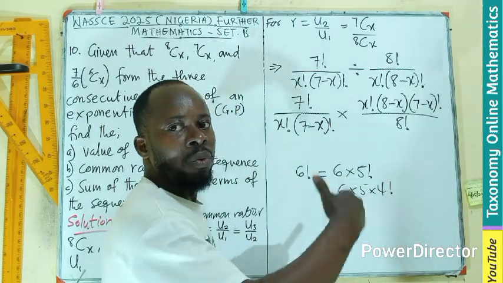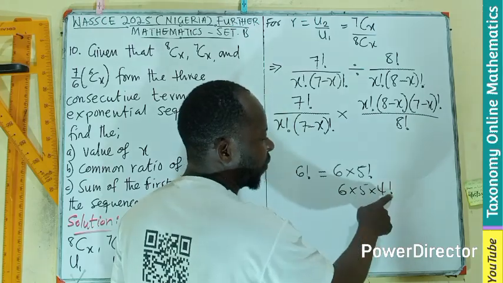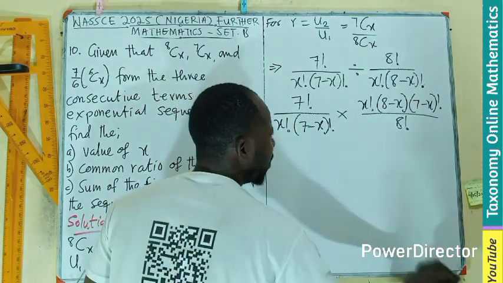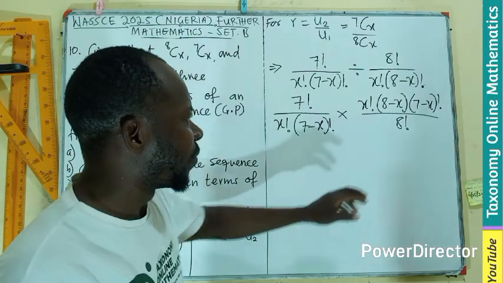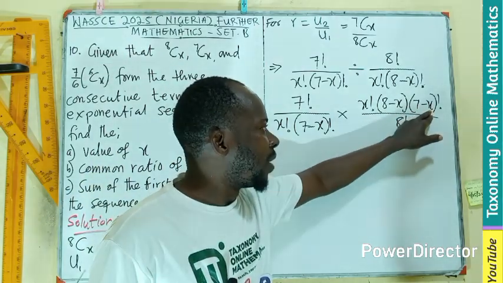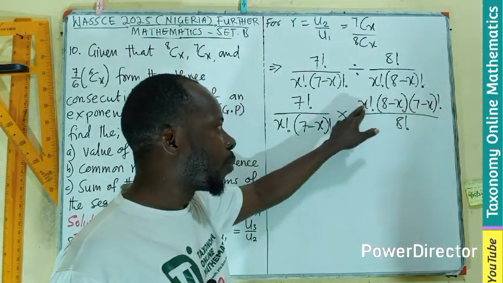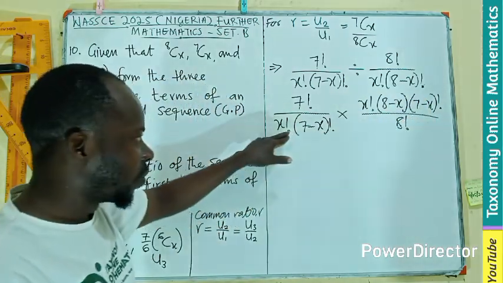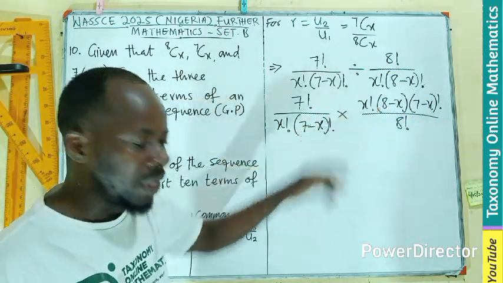I'm only moving one step. I have not gotten to the 1, so the factorial still remains attached to the number. Since we are multiplying, you can see 7 minus x factorial is a factor in this multiplication, which is also here, so it can cancel out easily.